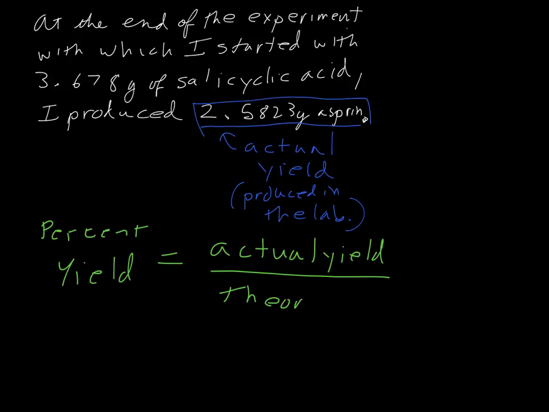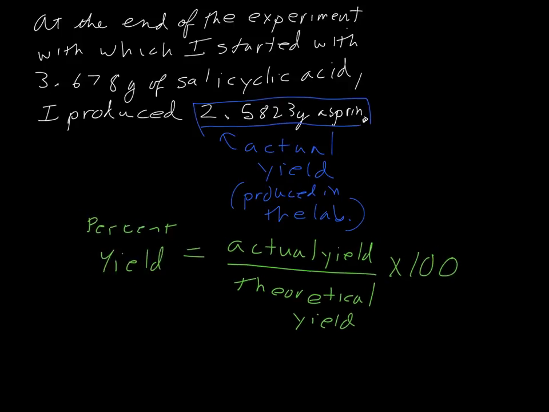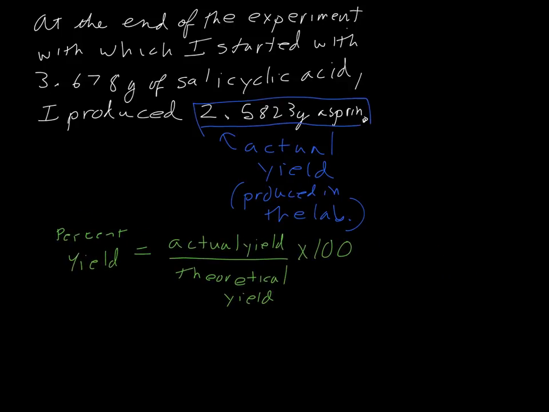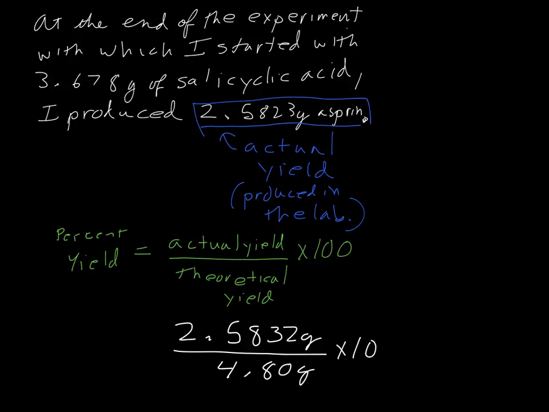In other words, we're taking the ratio of what I actually made and dividing it by how much I should have made if everything had gone perfectly, and then changing it into a percent. So actual yield divided by theoretical yield times 100. So for our scenario here, I had an actual yield of 2.5832 grams. In theory, I should have produced 4.8 grams. So my percent yield for my experiment was 53.8%.